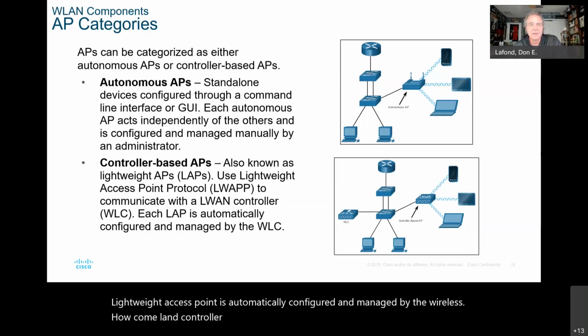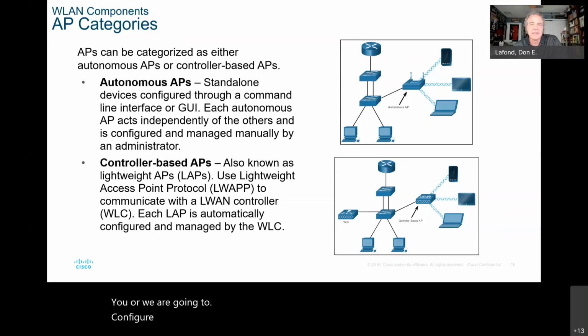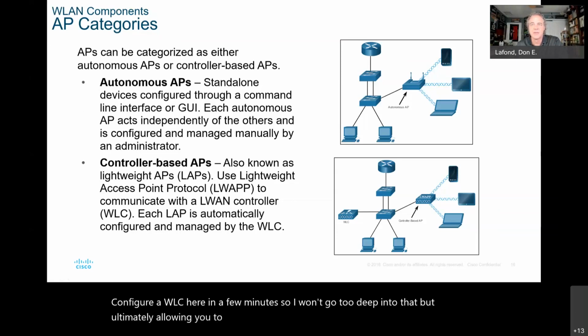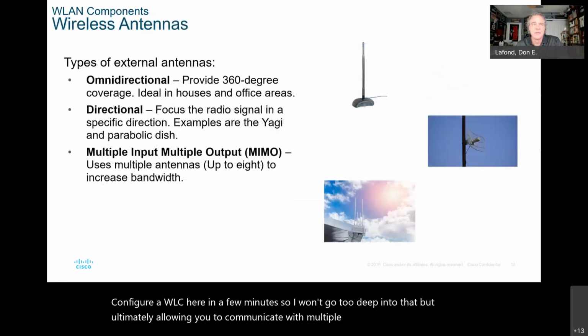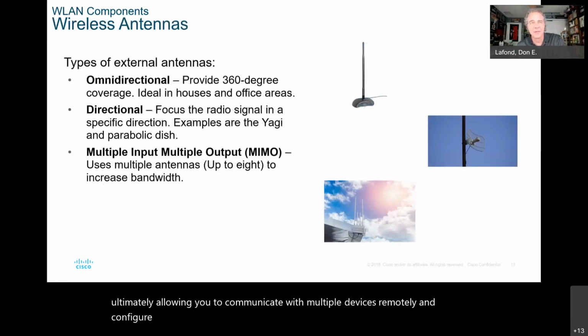Now, we are going to configure a WLC here in a few minutes, so I won't go too deep into that. But ultimately it allows you to communicate with multiple devices remotely and configure multiple wireless access points remotely.